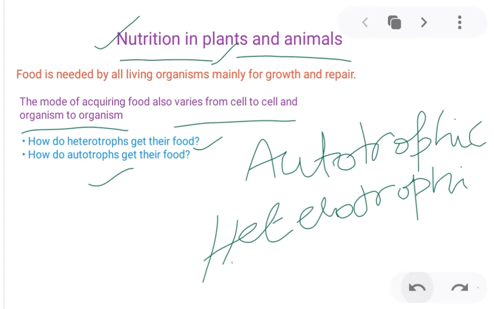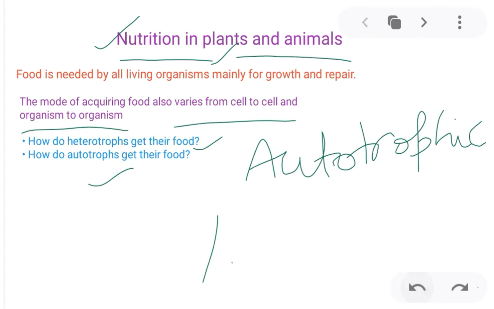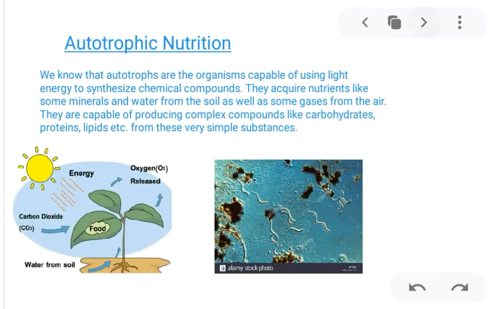Coming to the autotrophic mode of nutrition first. What is meant by autotrophic? The meaning of auto is self, by themselves.